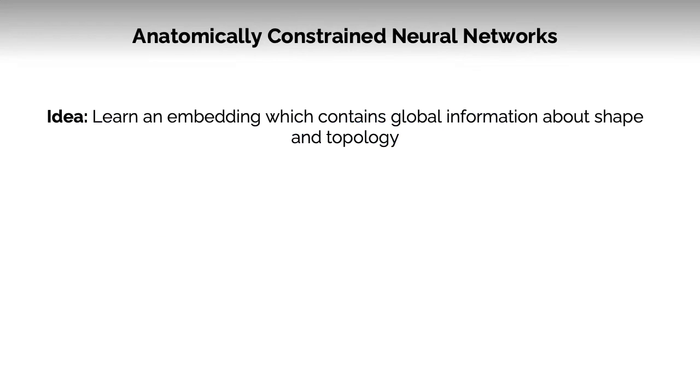And we proposed this simple idea. We want to learn embeddings which are going to contain global information about the shapes that we are trying to segment. And we will use this embedding to complement the standard pixel level loss function, so that you have a local loss function and also a global term that will talk about the anatomy, about the global shape.